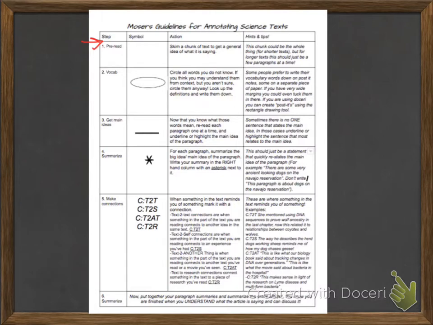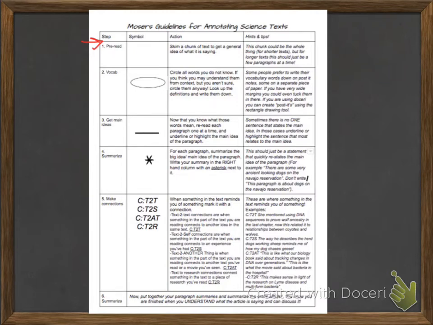There are text-to-another things, connections, which might connect to a movie or something we talked about in class. And finally, and you won't have a whole lot of these to start, text-to-research connections. So maybe we've talked about a piece of research or you've summarized a piece of research, and now you're seeing something that reminds you of that.